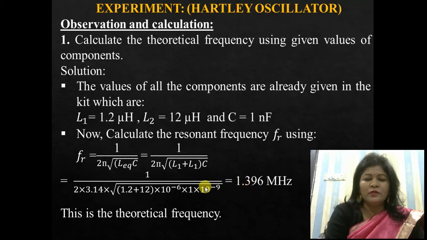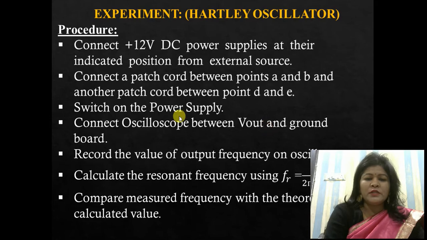After calculating, this is 1.396 megahertz. So in that circuit diagram, the L1 inductor is 1.2 microhenry, and L2 is 12 microhenry, and the capacitor is equal to 1 nanofarad. This is the procedure.